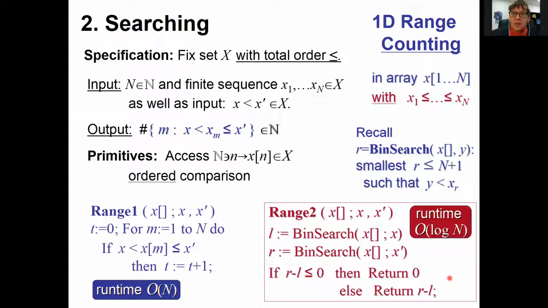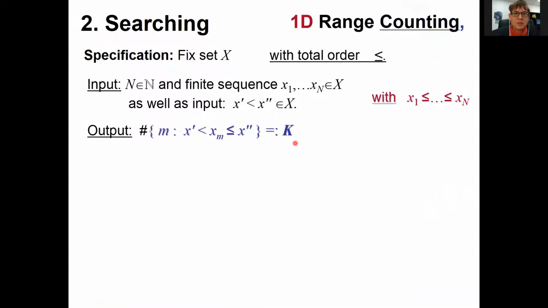So before proceeding to that, let's look again at the one-dimensional range counting problem and at a different algorithm that solves it also in optimal logarithmic time, but in a way that does generalize to higher dimensions.